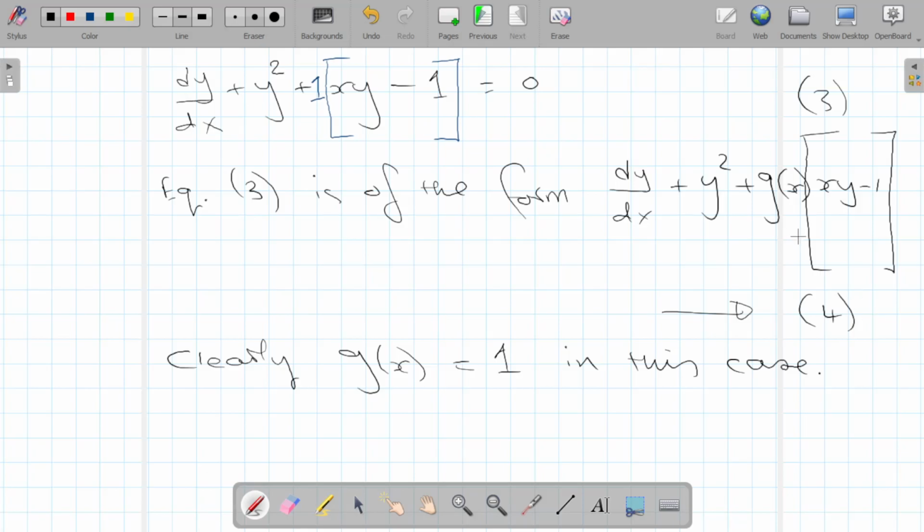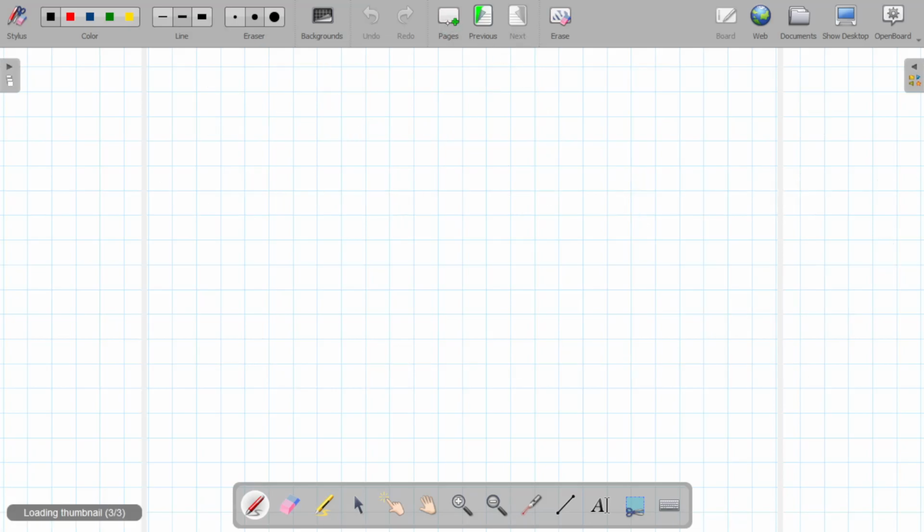So what we can do with this type of equation is attempt to trial a solution. In other words, we're going to find by trial and error a solution to equation 3. So rather than just dwelling on equation 4 here, we're going to go straight to equation 3 again on the next page. So we've got dy by dx plus y squared plus 1 times, in brackets, xy minus 1.